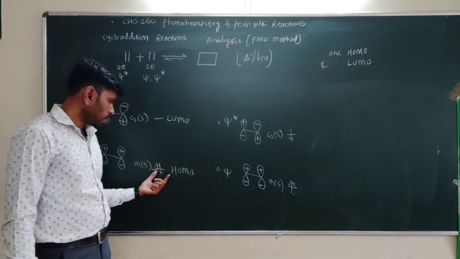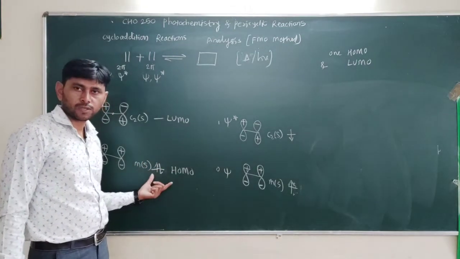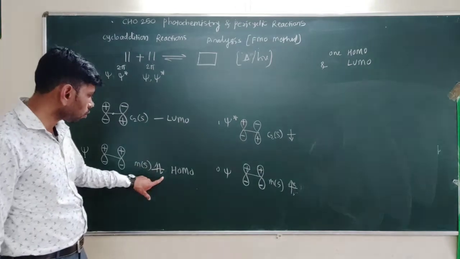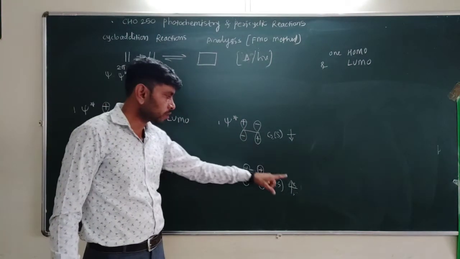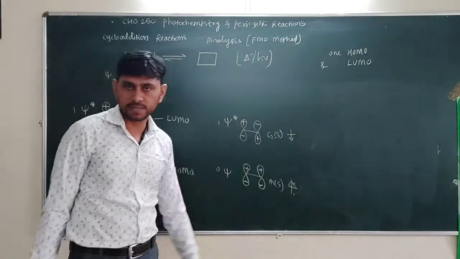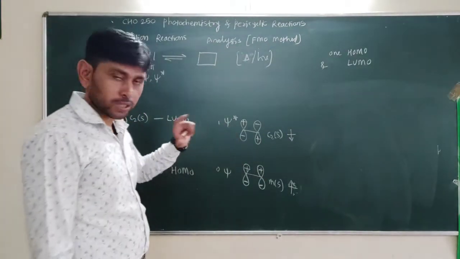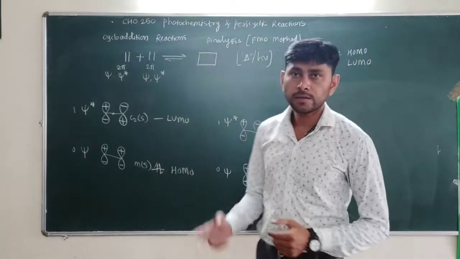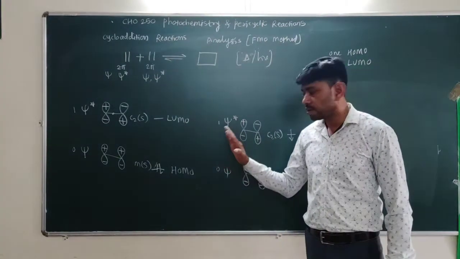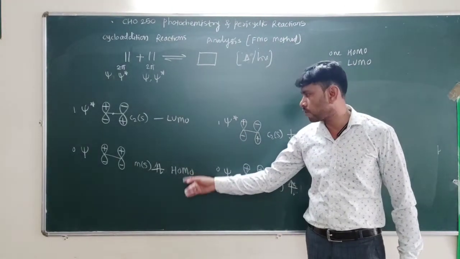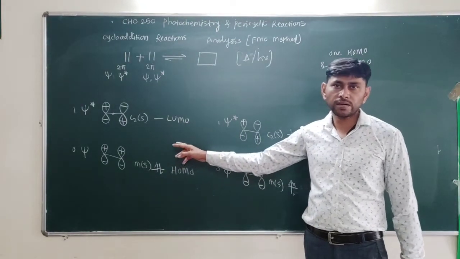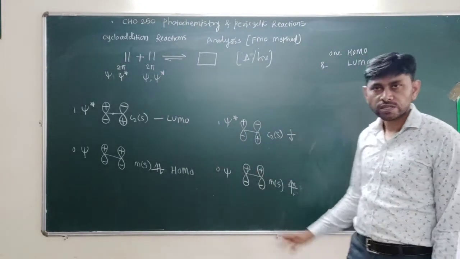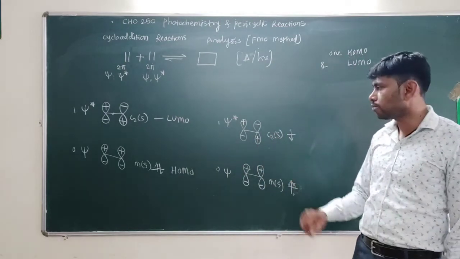Molecules in the first orbital remain the same. This is an unexcited molecule and this is an excited molecule, in which one of the electrons goes to the excited state. So when we irradiate the ethylene, we obtain a mixture of excited molecules and non-excited molecules, that is, a ground state and excited state molecule mixture.